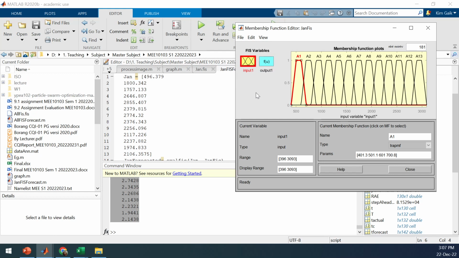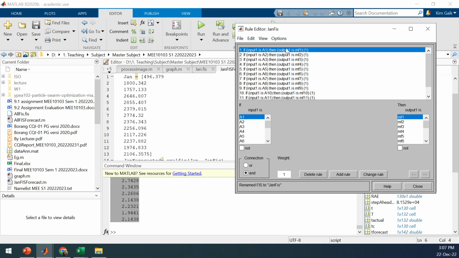Mine is only the time series data, and the rule that I used, the idea is actually from fuzzy time series, where you use a similar concept. If the input is in membership function 1, then the output will take the midpoint of membership function 1.